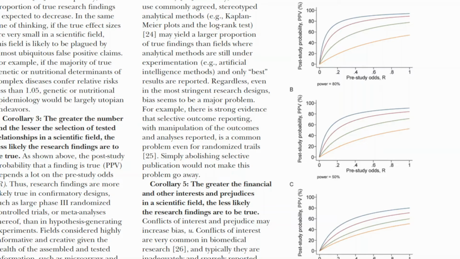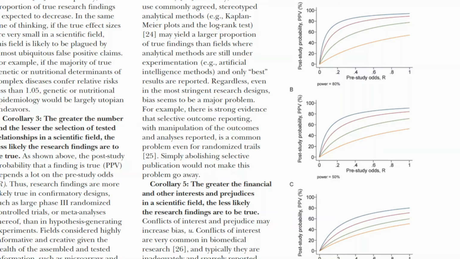And it's something that is represented in this table, how your PPV is going to depend on the pre-study odds for a variety of values of the beta parameter, and then for different biases.